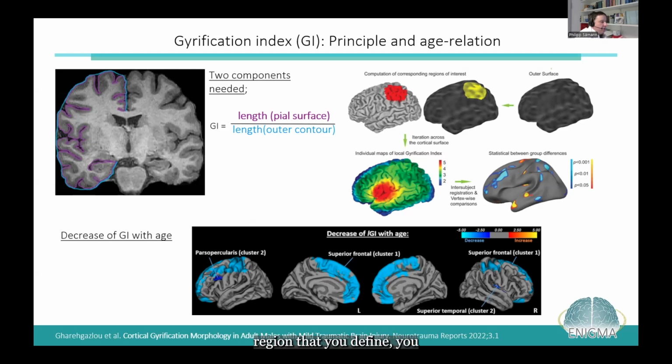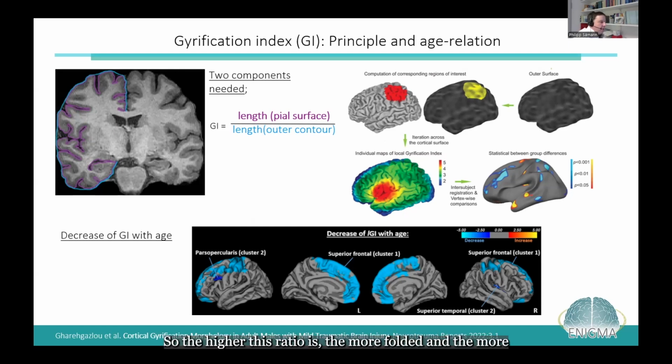And within that region that you define, you calculate the length of the pial surface, so the surface that really crawls across the gyri and into the sulci, and put it into relation to the outer contour. That is, again, this enclosing surface that I mentioned before.